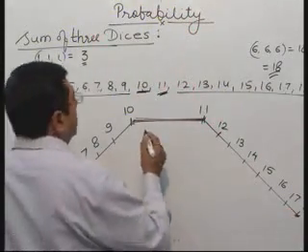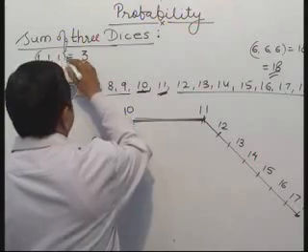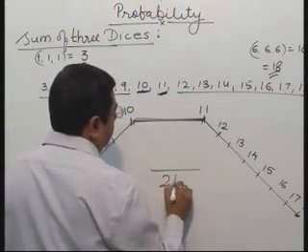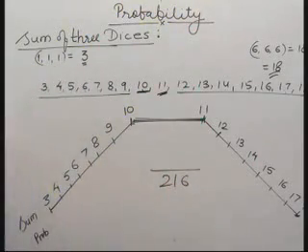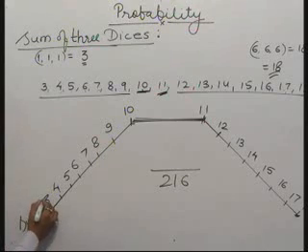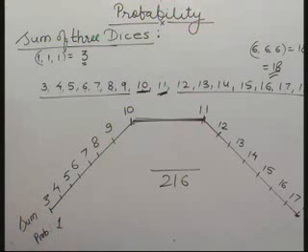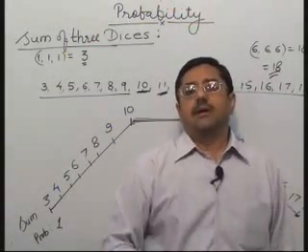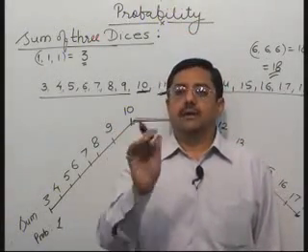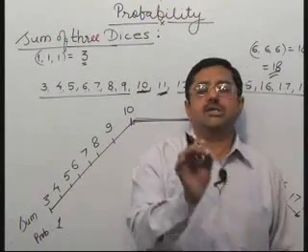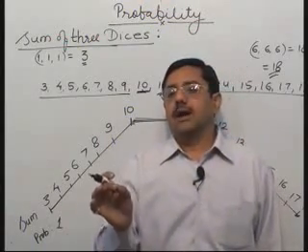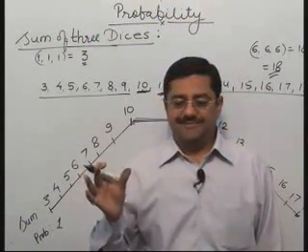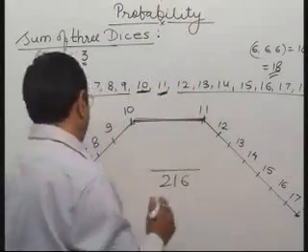But here the total outcomes will be 6 into 6 into 6, total 216. Here this is the first case. It is 1. Only one case, sum 3: 1, 1, 1. केवल एक केस में टोटल सम क्या आएगा? 3. देन उसके बाद में आपको क्या करना है?